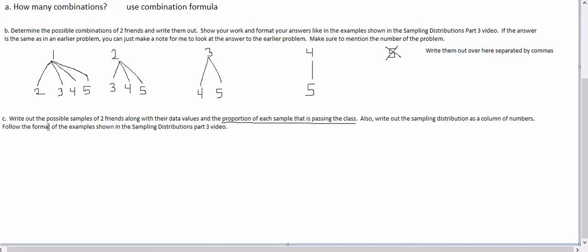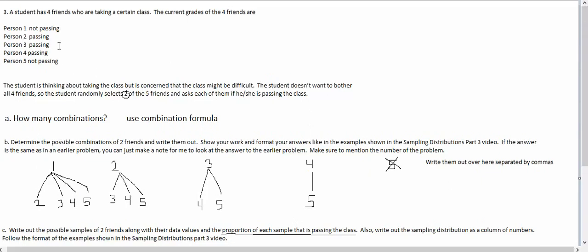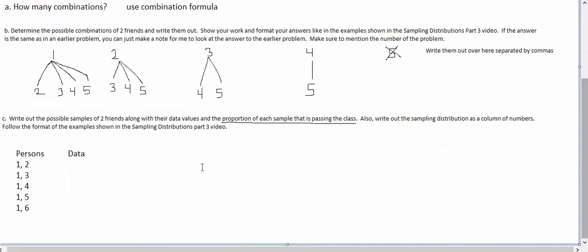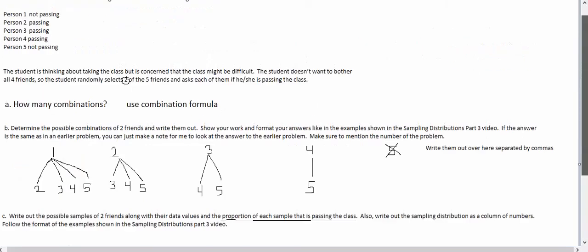So once again, let's write out the possible samples. This time each data value is not a number, it's actually a category. It's passing or not passing. So let's look back to our data set. So we have these 5 people. Person 1 and person 2 are not passing and passing, so I'll just write NP and P. Person 1 and person 3 are not passing and passing.